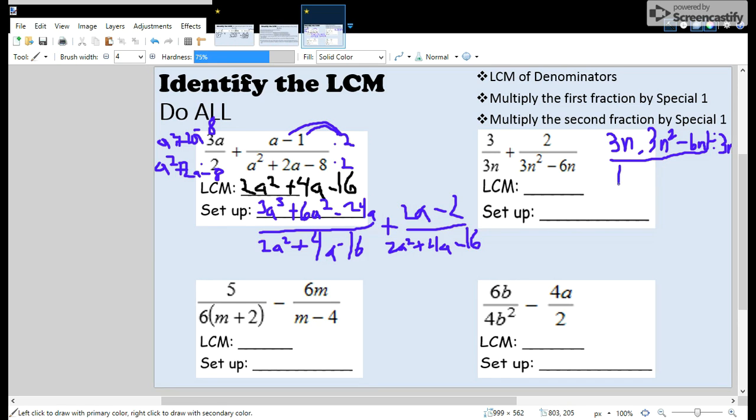So 3n divided by 3n is 1. 3n squared divided by 3n is n. And then negative 6n divided by 3n is 2. So our LCM would be 3n times 1 times n minus 2. And when you multiply that out, you just get 3n squared minus 6n.